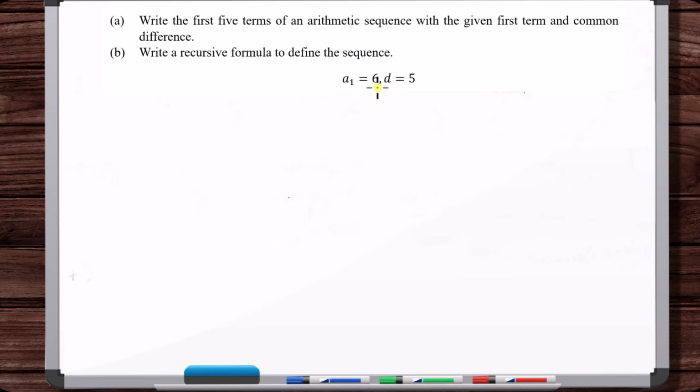If it was negative, we would just subtract. So we start at 6. That's the first term. Now to get the second term, you just add 5. To get the third term, add 5. Fourth term, add 5. Fifth term, add 5.